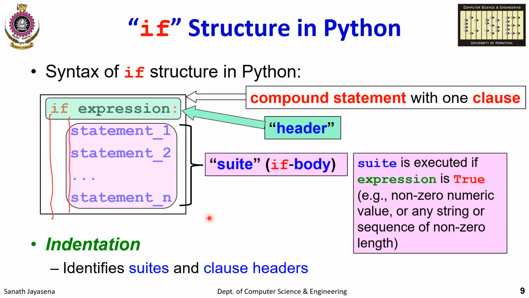Now, if you want to do something else after that, say print something, this one is not indented, you can see. So this print is at the same level as this if. Therefore, the compound if statement only goes up to this point.